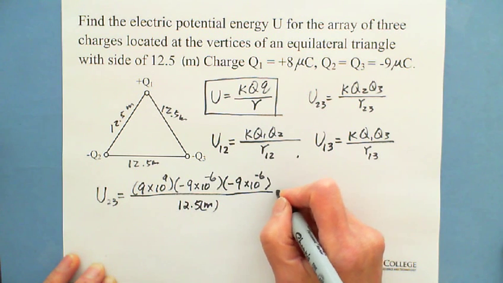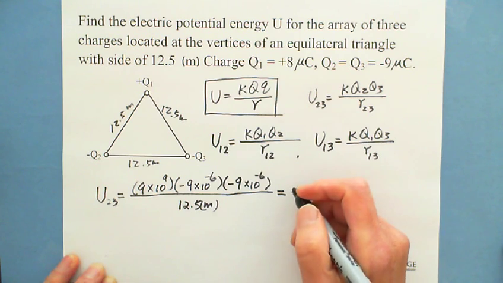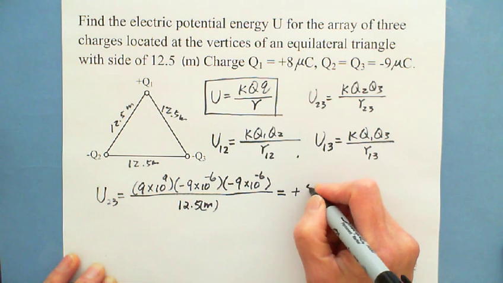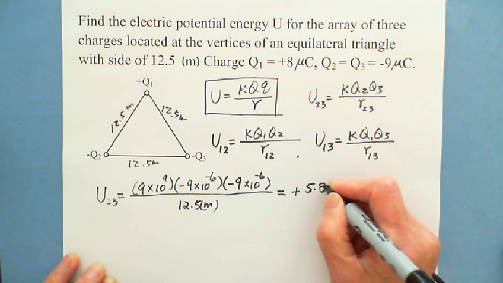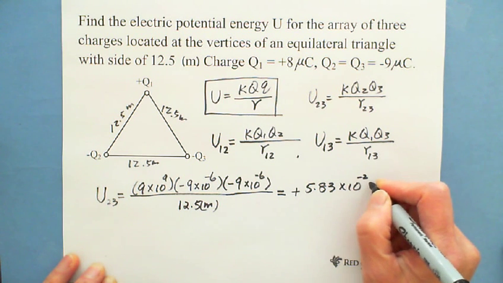Negative multiplied by negative is positive. The number is 5.83 times 10 to the negative 2 joules.